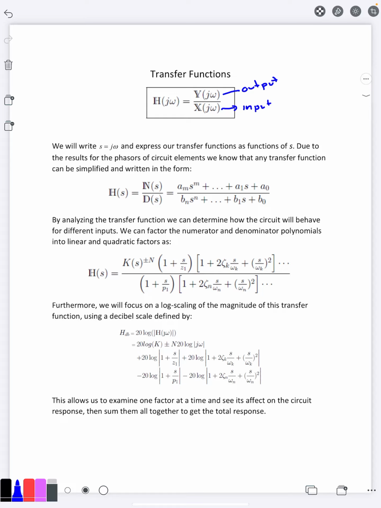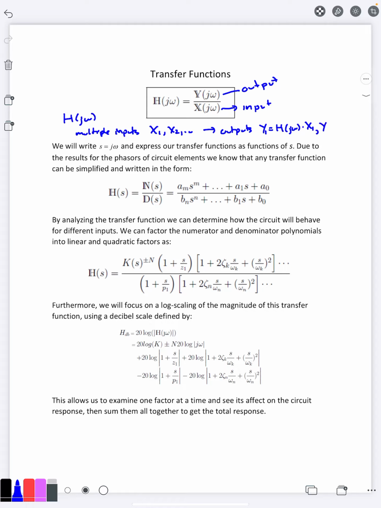And the reason why this is going to be so useful is, let's suppose you know what the transfer function is for a given circuit, and you have multiple different inputs, say x1, x2, and so on. If you want to find all the outputs, instead of having to solve the circuit each and every time, you can just find the output by multiplying the transfer function times the input.